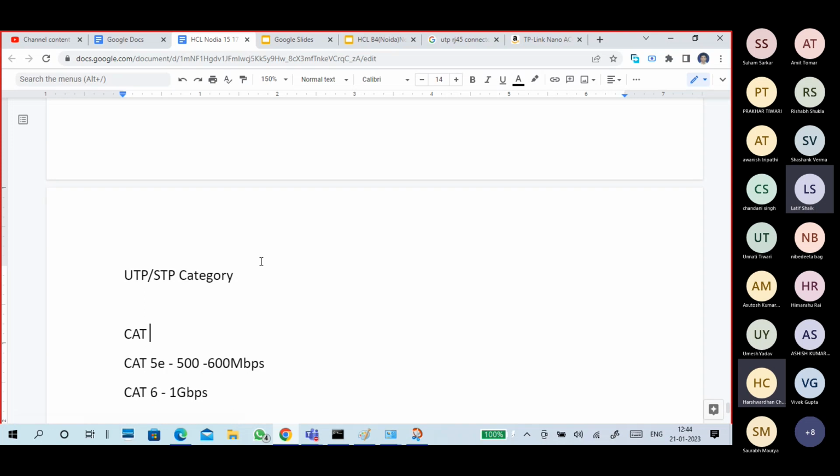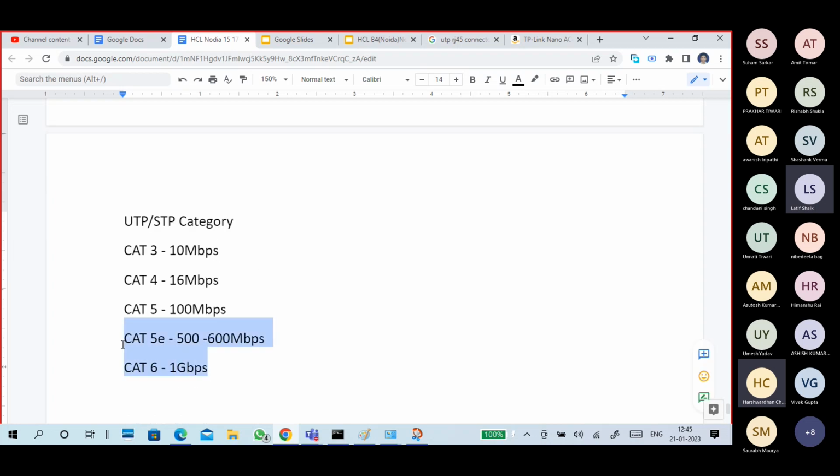Next, Cat 5 supports 100 Mbps speed. Cat 4 supports 16 Mbps, as I remember. Cat 3 supports 10 Mbps speed. But these are the important things, guys. Cat 2, Cat 3 and all are very old ones.